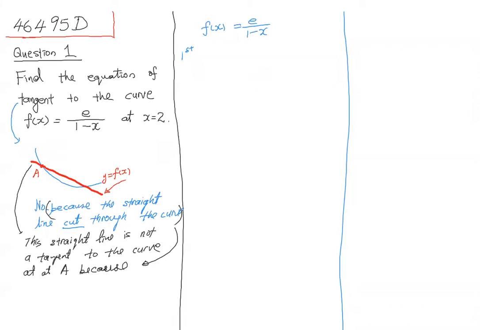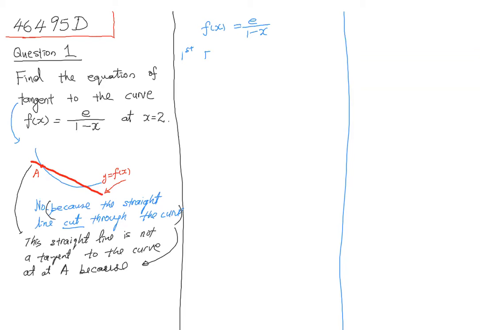Have to bring the denominator out. So that means e equals e times (1 minus x) to the power of negative 1. So in general, what must we do first? Rewrite the whole thing.